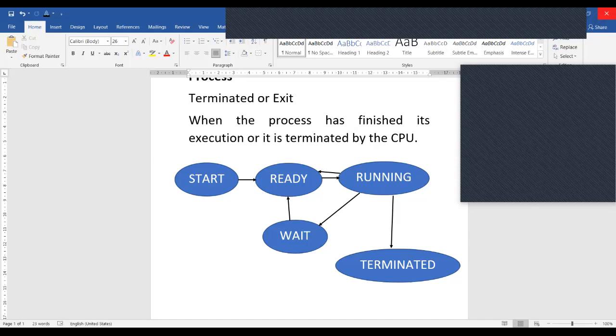Roll number 1, Jeet Sen. Unmute yourself, Jeet. Can you tell me the answer? Why is there a bidirectional arrow between ready and running?